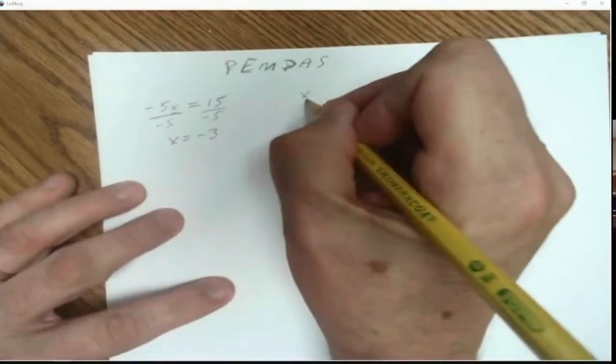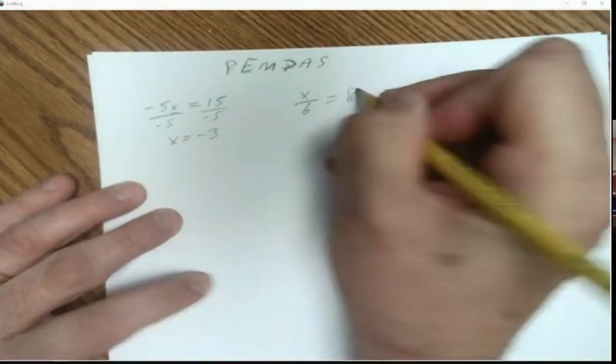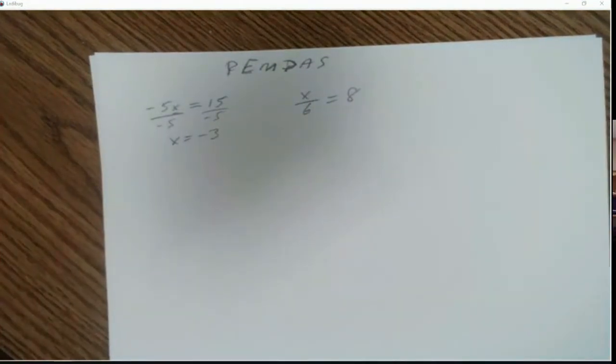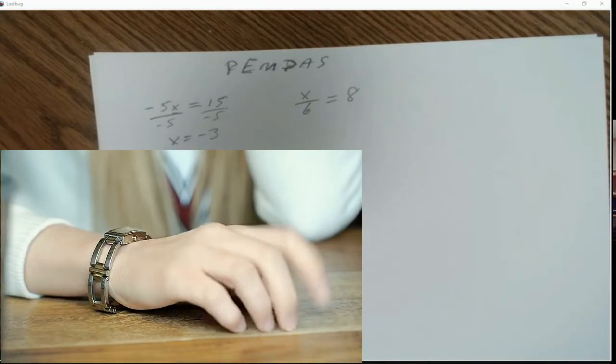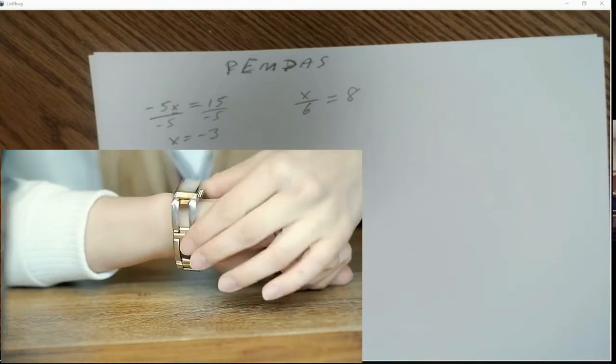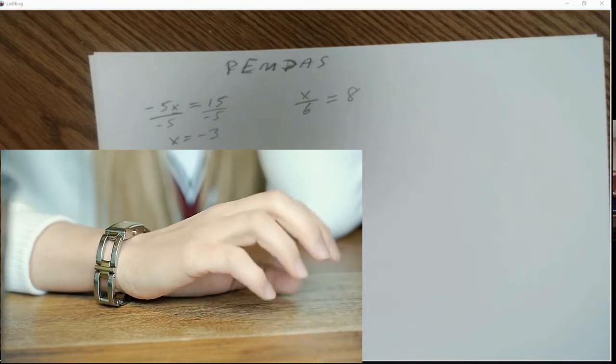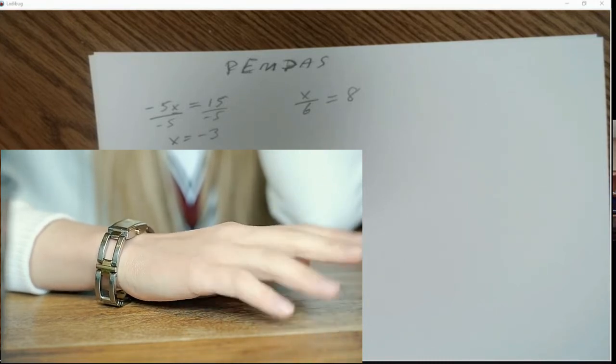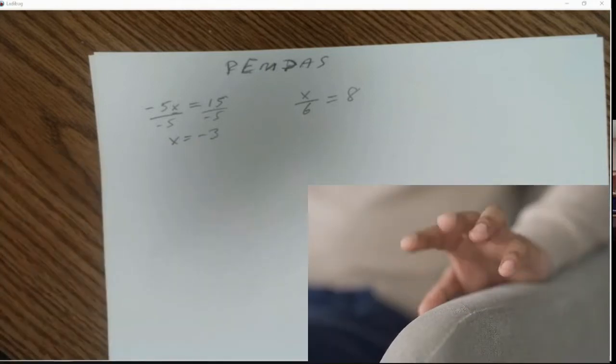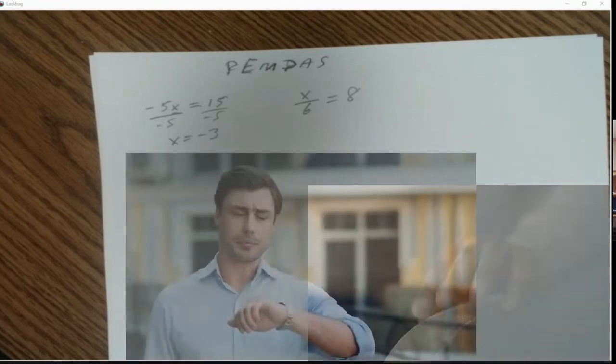If we had x divided by 6 equals 8, what do we need to do with that? How do we solve for x? Let's get our math brains out of storage from the summer. X divided by 6 equals 8.